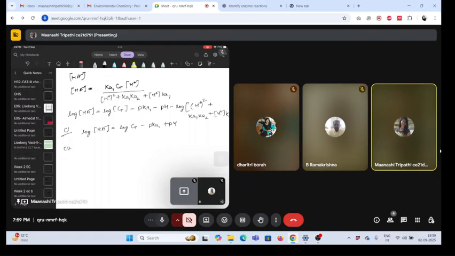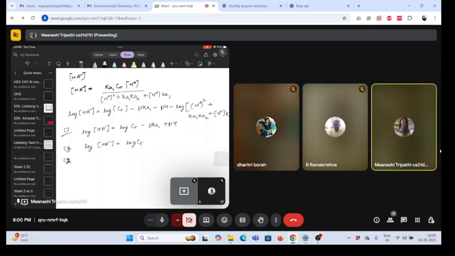Case 2, we will get log HA negative is equal to log CT. Oh, this will be case 3 actually if we match it with the previous cases.